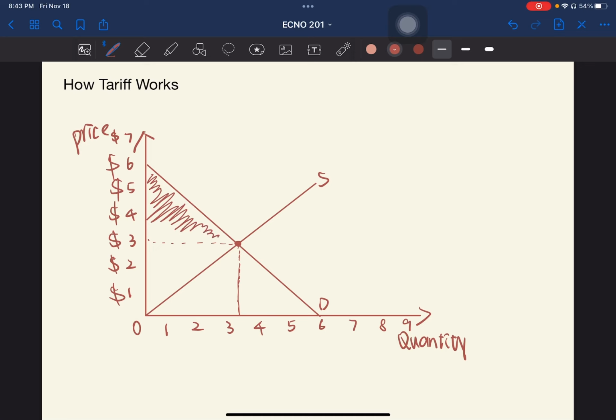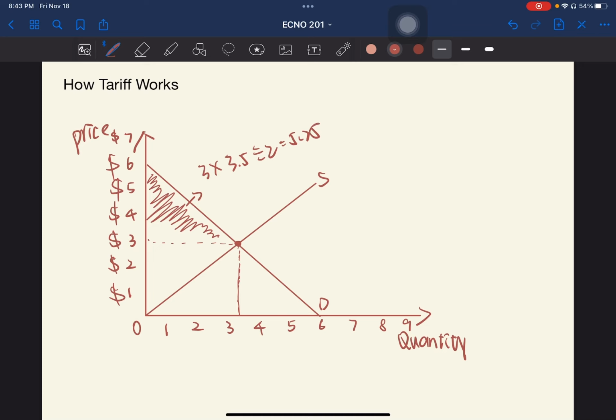above the price. And the consumer surplus is 3 multiplied by 3.5 and divided by 2, and the result is 5.25.